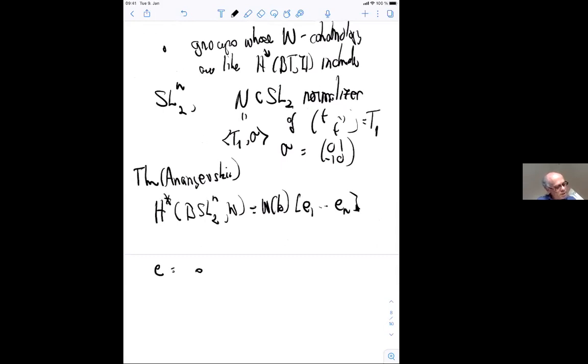This is the Euler class of, let's say, F, which is A2 with the standard SL2 action representation.